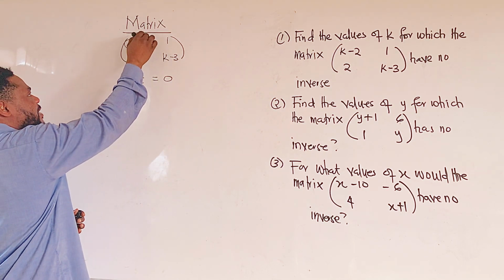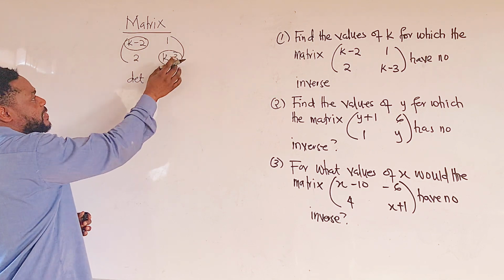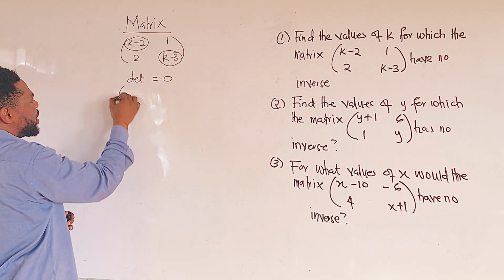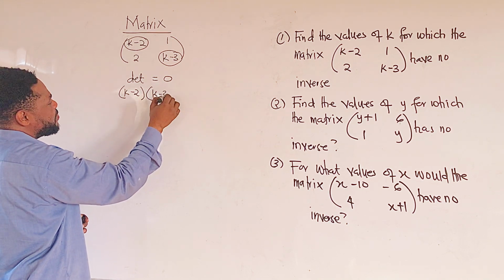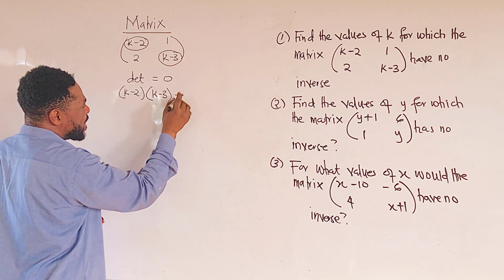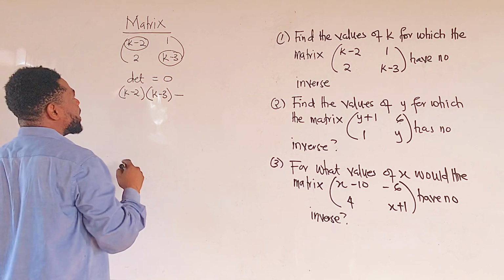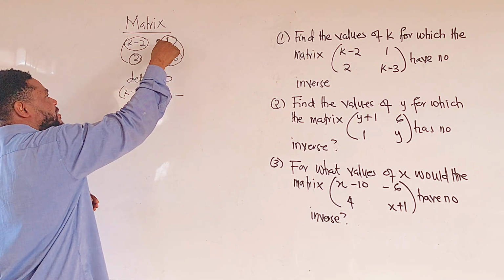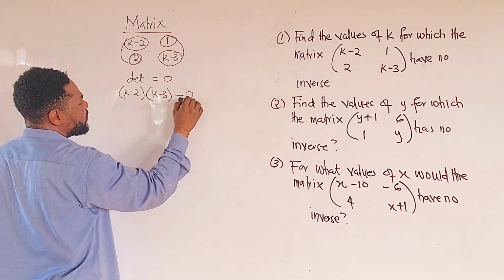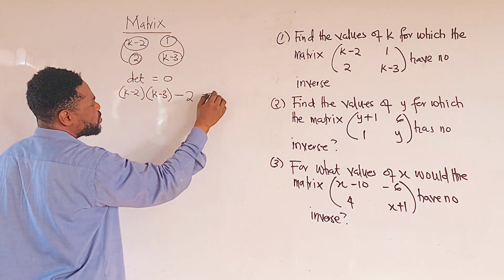We use the first element here to multiply this element. So we have (k - 2) multiplying (k - 3) minus, our minus is constant, all right? Then we use this second element to multiply this. So 2 times 1 will give us 2, and it must be equal to 0.